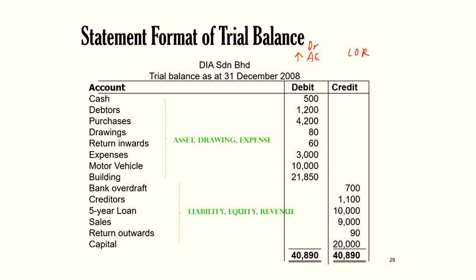So kalau debit balance, maksudnya ni lah account asset and expenses lah. Maksudnya kat sini debit ni mestilah hanyalah untuk asset and expenses sahaja. Sorry, asset and expenses sahaja perlu ada di belah debit ni. Manakala untuk kredit, untuk liability, equity and revenue.